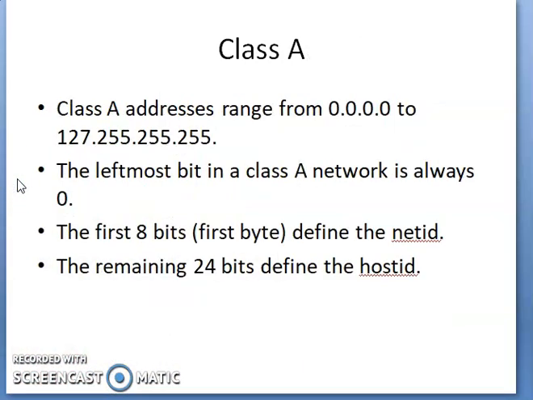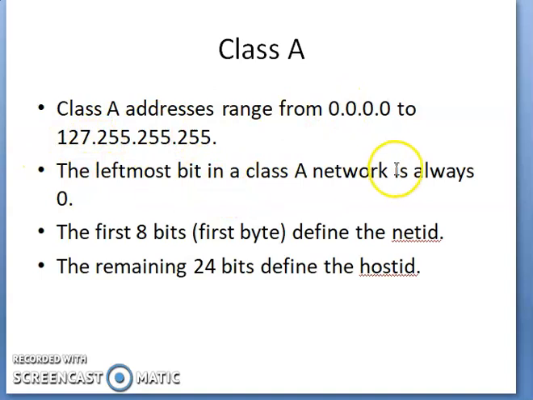In IP address version 4, the network addresses have been divided into 5 classes. The classes are based on the range of numbers that are allowed. For example, in a class A address, the first octet can range from 0 up to 127.